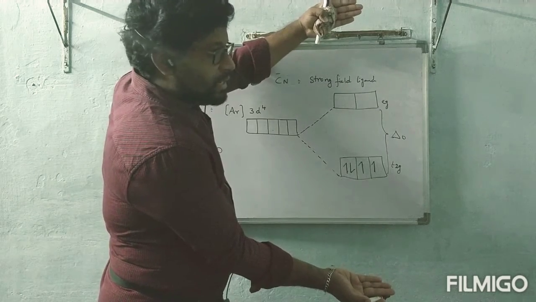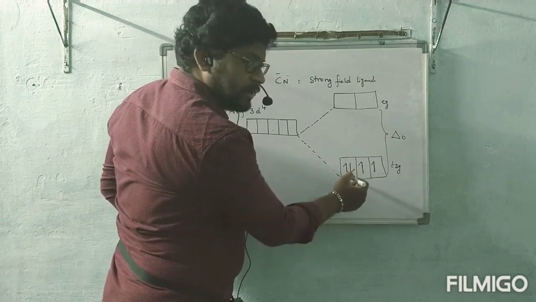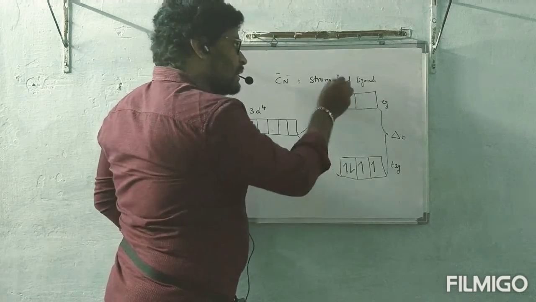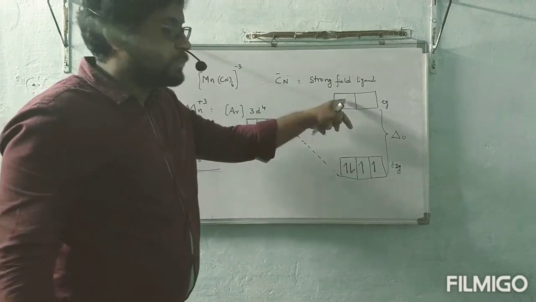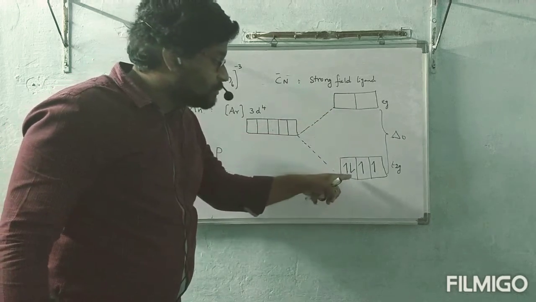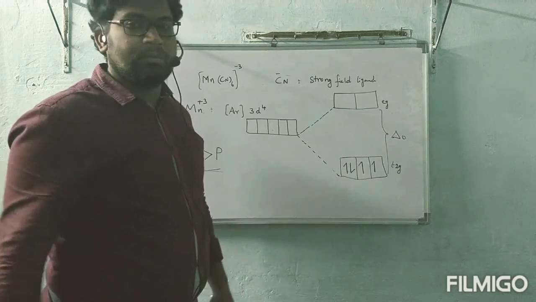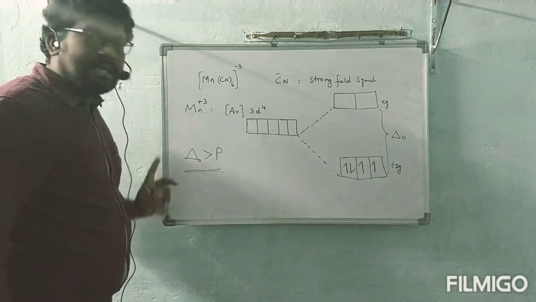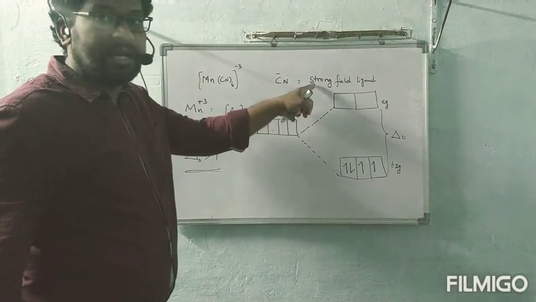When the splitting is very high, this electron will choose to pair instead of entering into the fourth orbital. It wants to pair with the already present electron, even violating Hund's rule, because P is smaller than delta naught. This happens in the presence of a strong field ion.